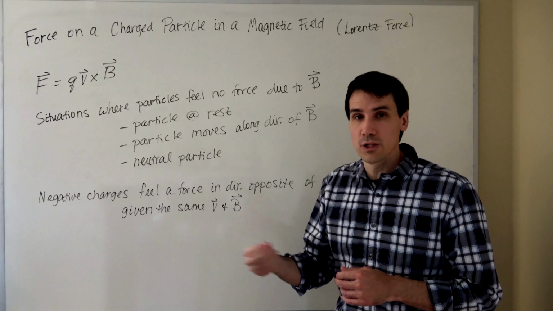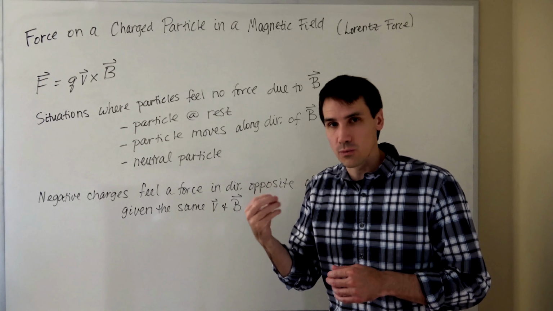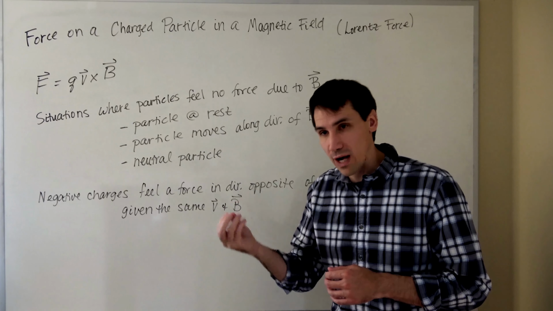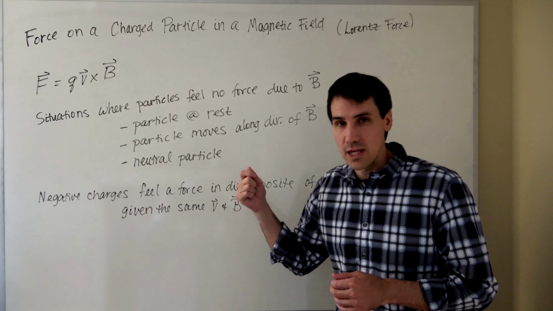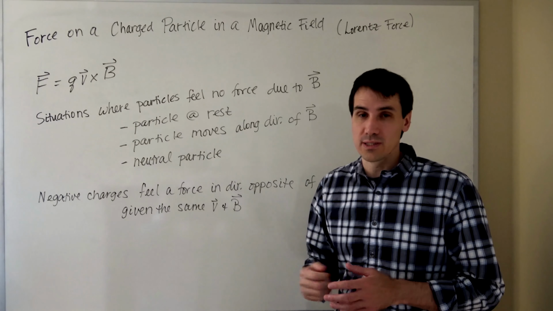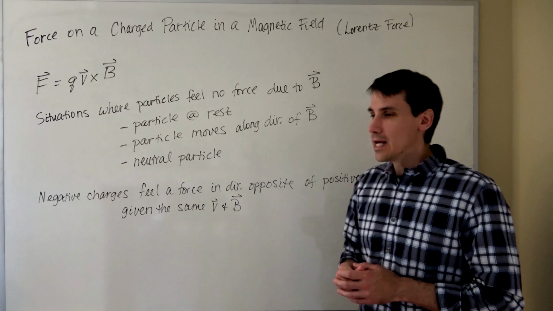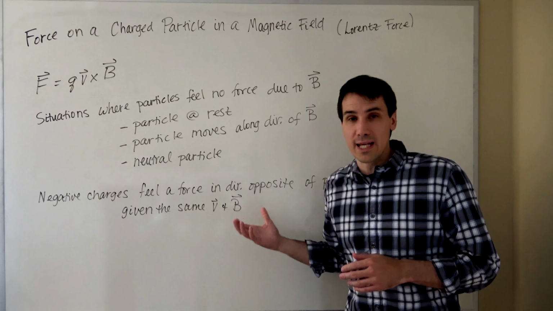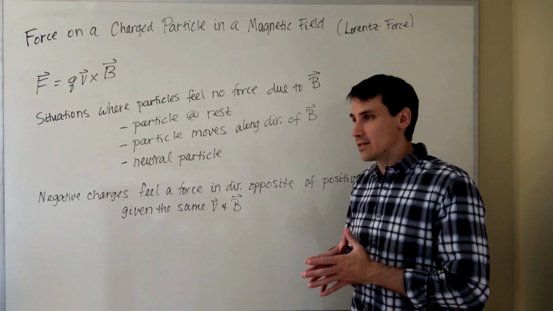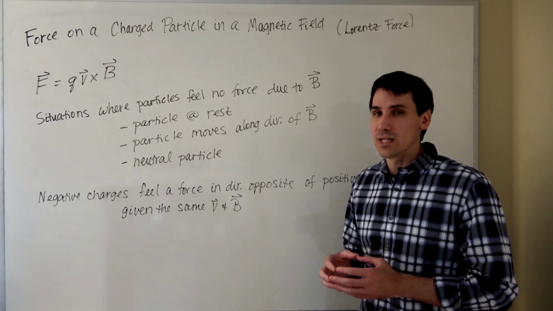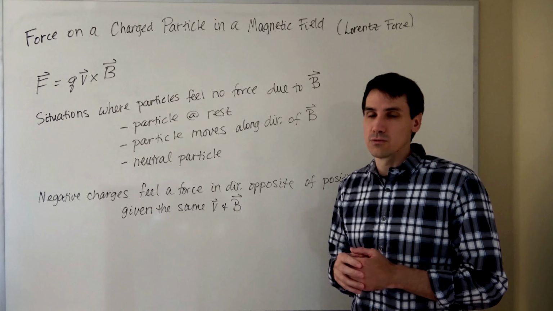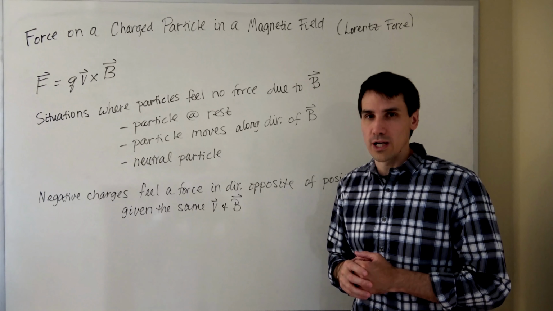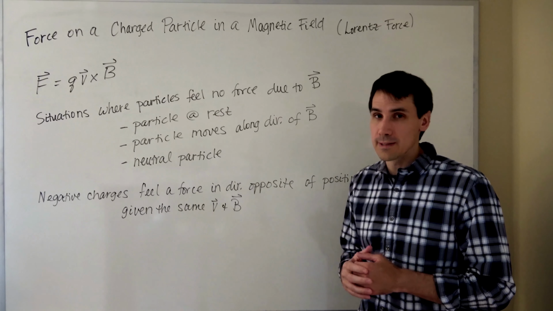Just like in electric fields, we had to flip our direction to deal with negative charges, or the direction of the force on negative charges. We have to flip the direction of the magnetic force as well to deal with negative charges. This means that if we use the right-hand rule to find the direction of our force, we need to flip our final result of the right-hand rule in order to get the correct force direction for negative charges.